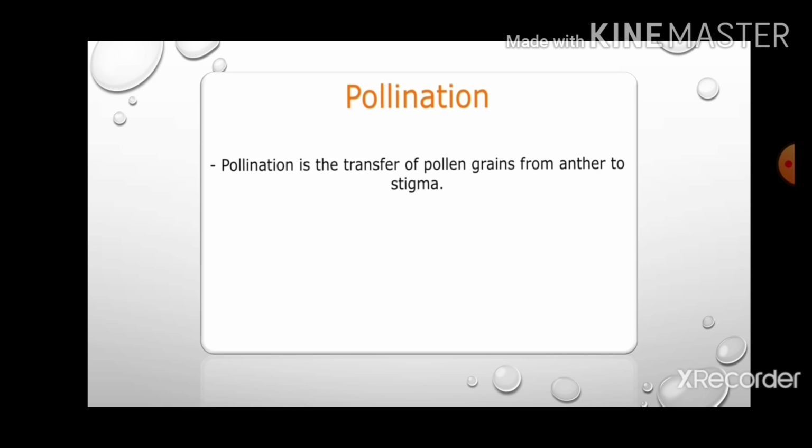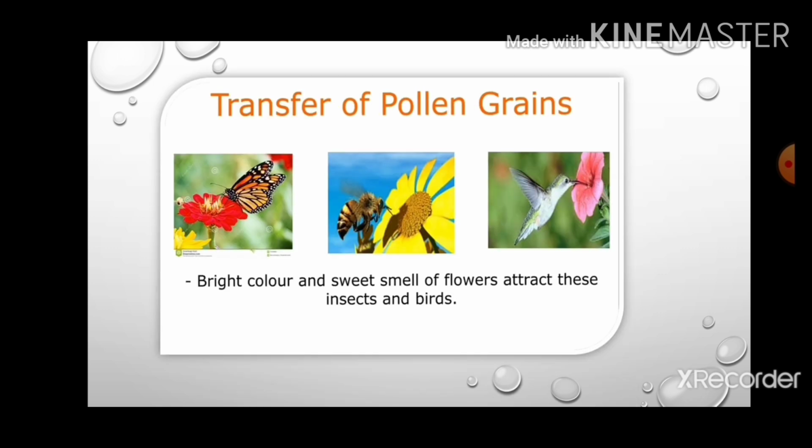Now the question arises, how are these pollen grains transferred to the stigma? You must have seen some insects like butterflies and bees, and even some tiny birds like hummingbirds, wandering on the flowers in the garden. Do you know why these insects come to the flower?